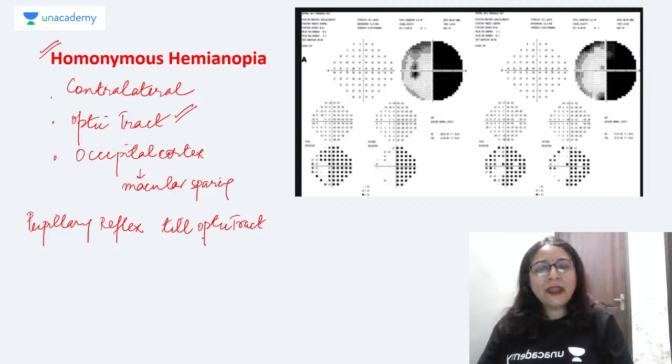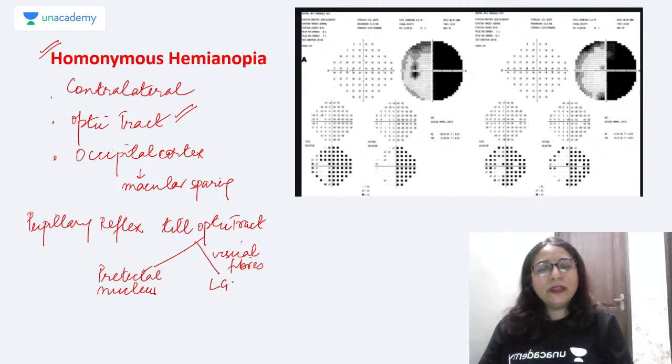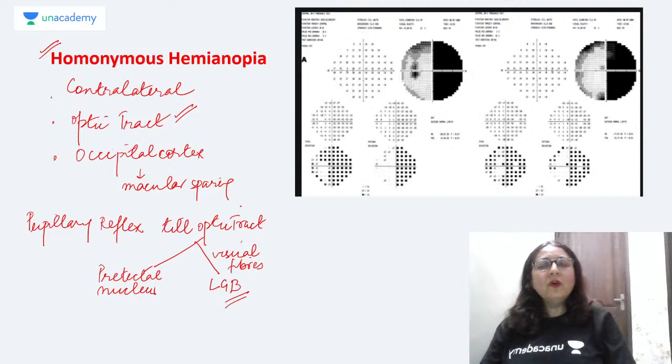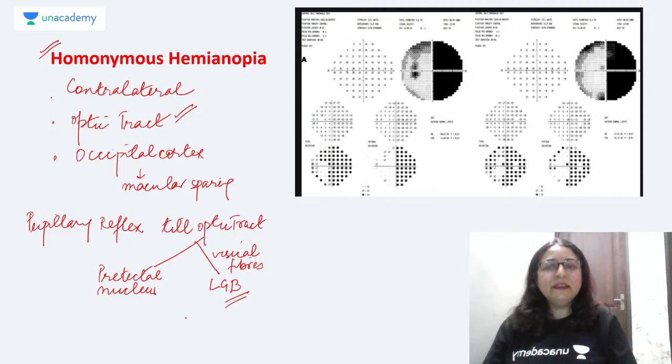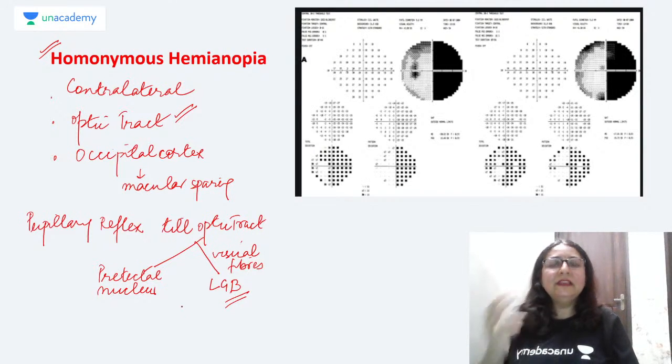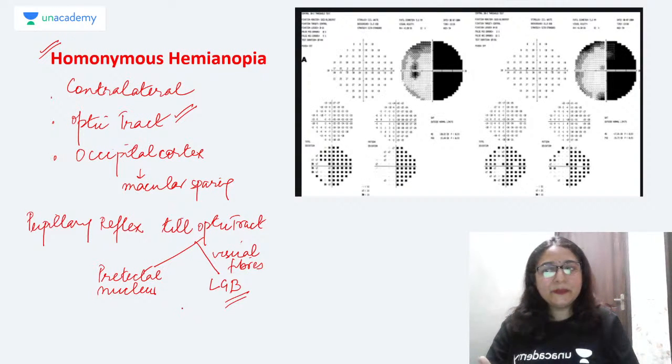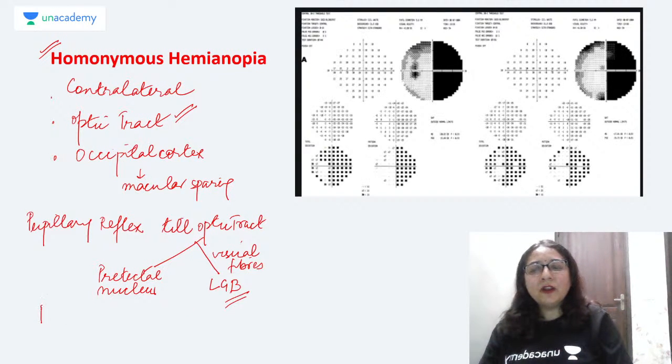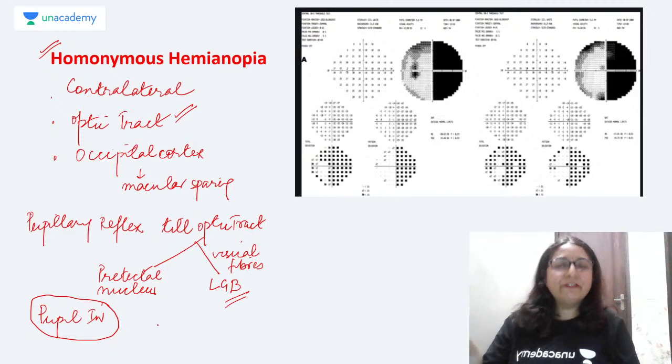From the optic tract, the pupillary fibers go to the pretectal nucleus, whereas the visual fibers go to, as we just learned, the lateral geniculate body. So after the optic tract, that is a lesion of the lateral geniculate body, the radiations, or the occipital cortex, there will not be any pupil involvement, because the pupillary fibers have already gone to a different pathway.